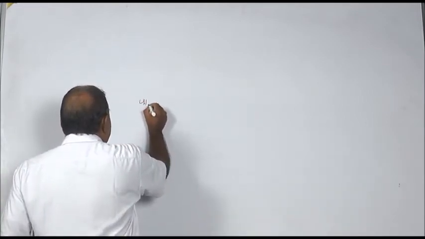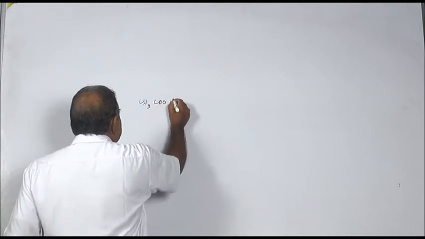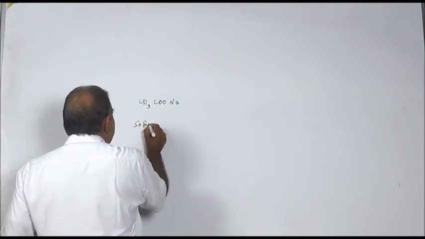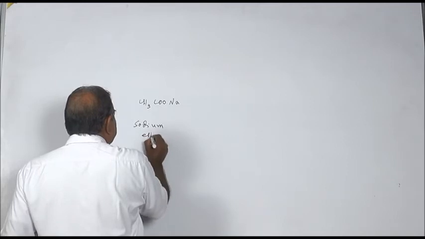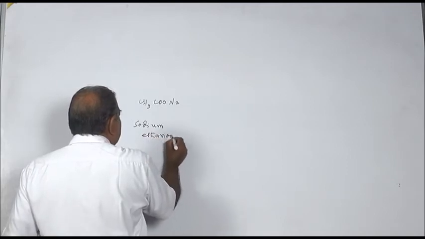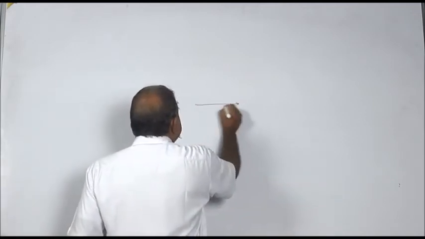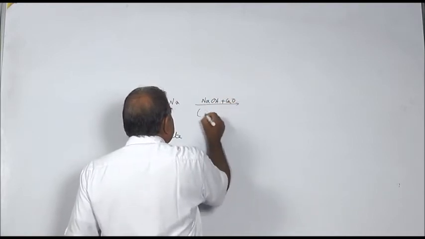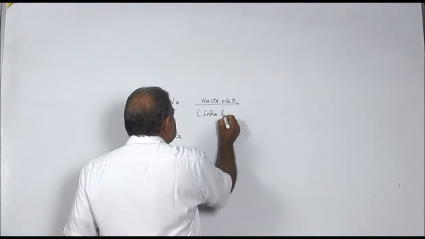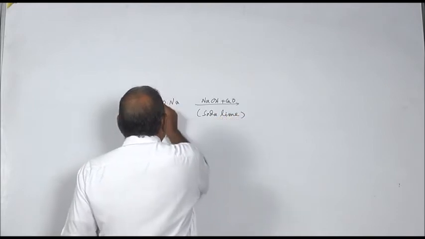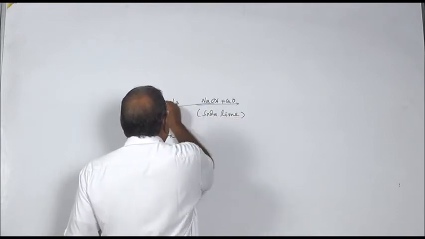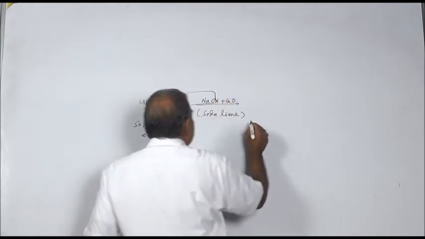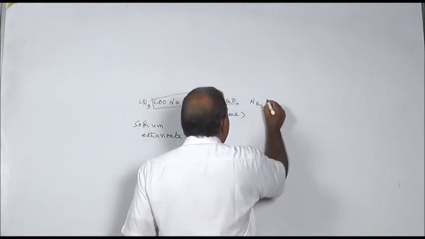If you start with, say, 2 carbon atoms, say sodium ethanoate, you will get, on heating with soda lime, which is a mixture of sodium hydroxide and calcium oxide, elimination of one molecule of sodium carbonate.